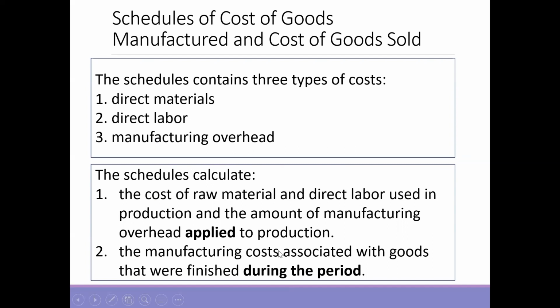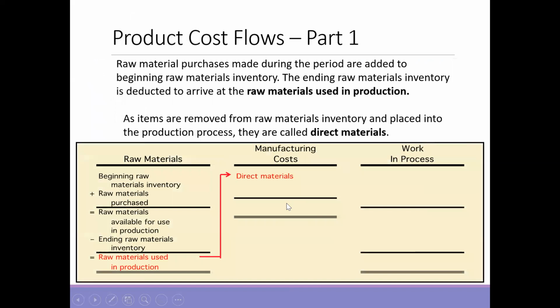So again, the flow of materials. Raw material purchases get added to the inventory of raw materials. But when raw materials, the ending raw materials inventory is deducted to arrive at raw materials used in production.